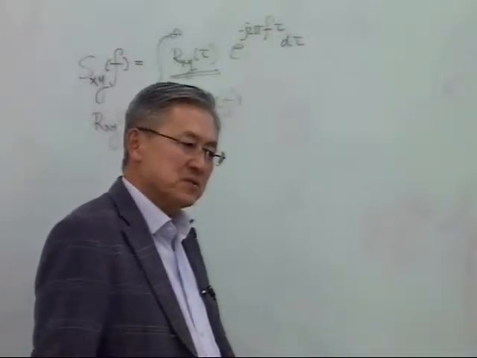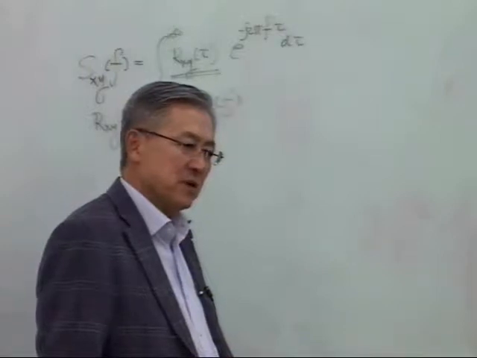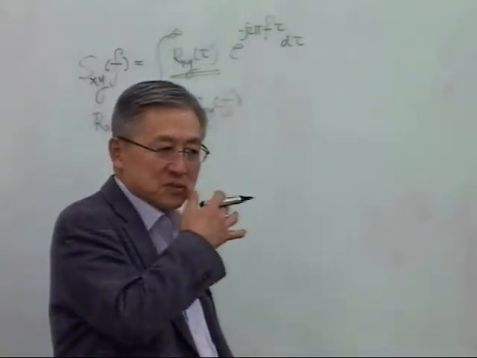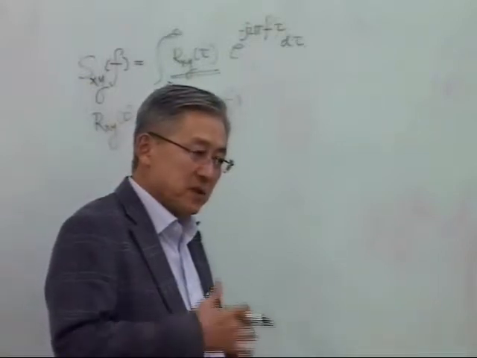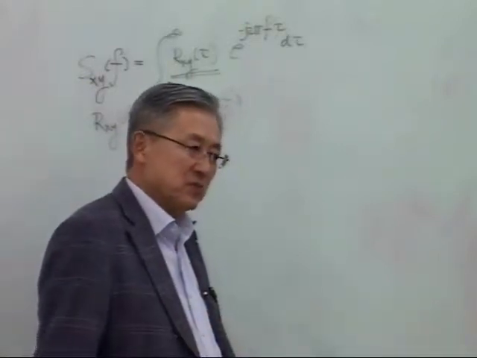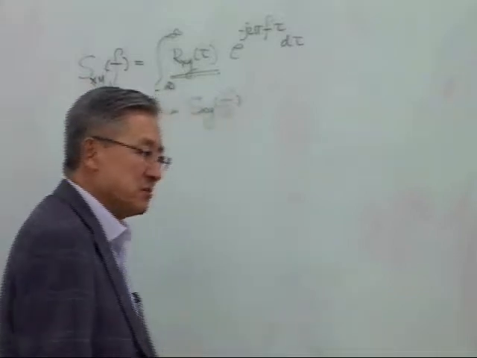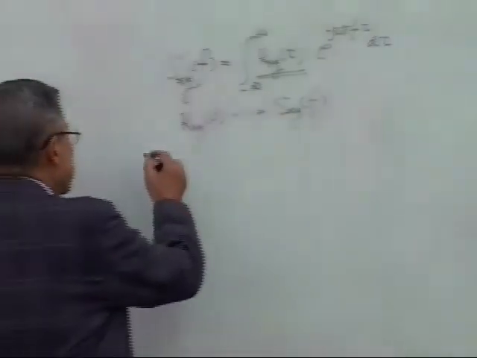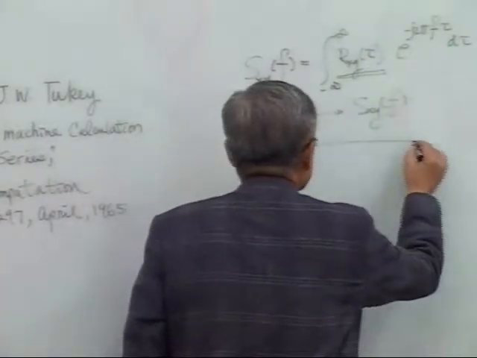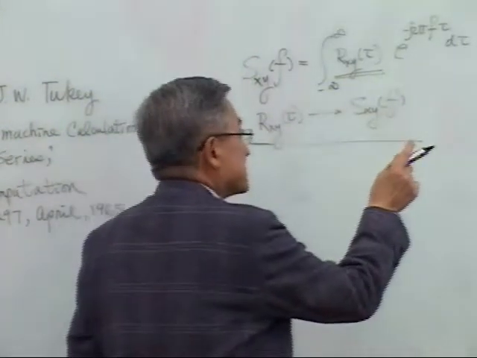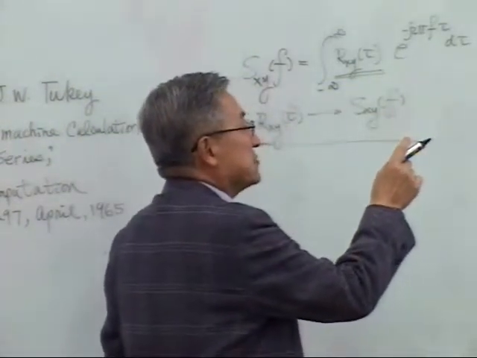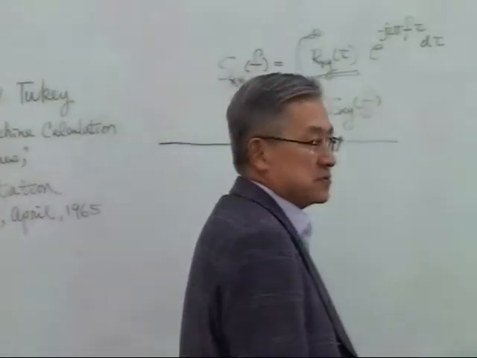Then of course it takes too much time computation-wise. So after the FFT was developed, you can really save a tremendous amount of time. That's what this topic is: spectra via the Fourier transform.